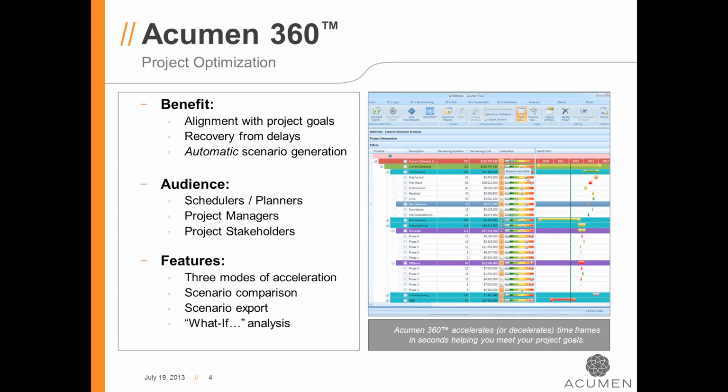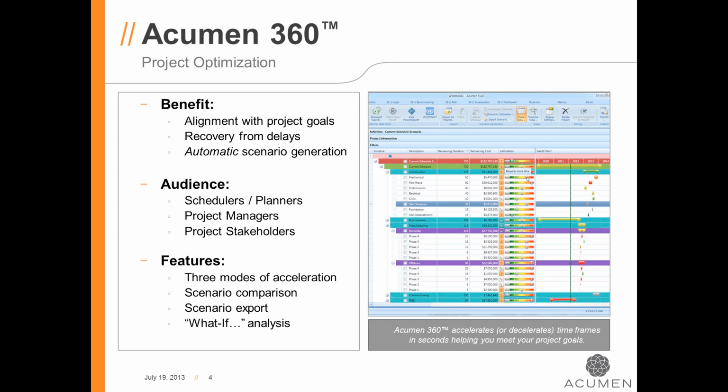The audience for the tool: schedulers, planners, project managers, really project stakeholders. Anyone who is involved in the project in any capacity may wish to see how their scenario, their portion of the schedule, can be optimized. Some of the features, I'm going to be demonstrating these in detail, so I'm not going to go through them much from a bullet point perspective, but there are 3 modes of acceleration that we'll be looking at.